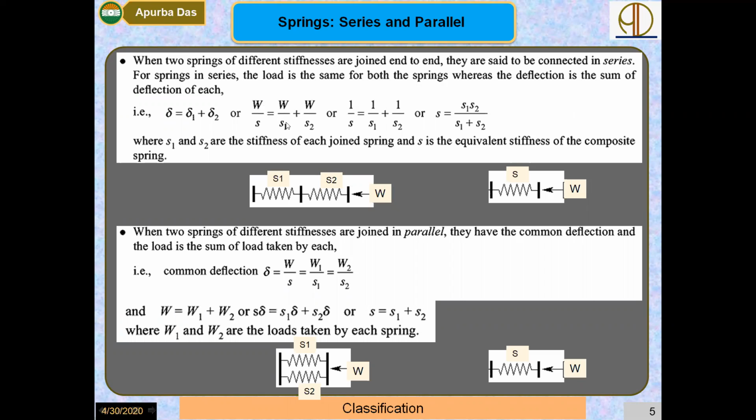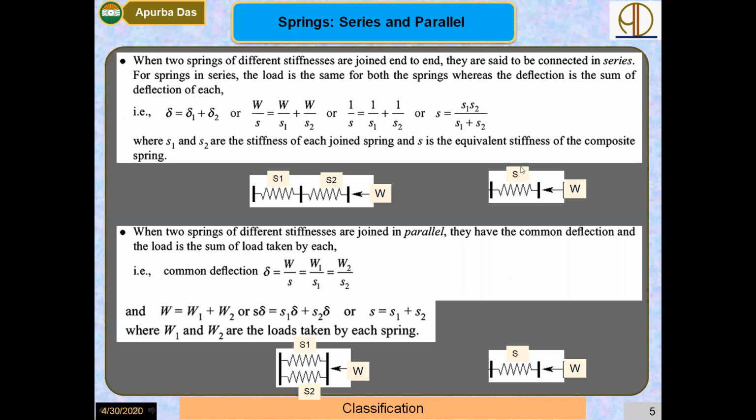So from there we can write 1 by S is equal to 1 by S1 plus 1 by S2, and we can simplify, then we will get S is equal to S1 into S2 divided by S1 plus S2. So this will be the equivalent stiffness of the spring which is replaced by a single spring rather than two different springs of S1 and S2.